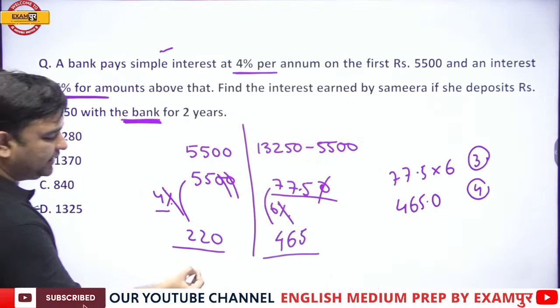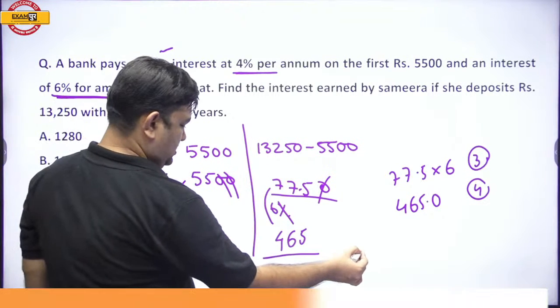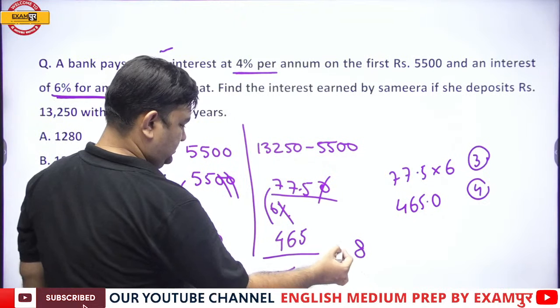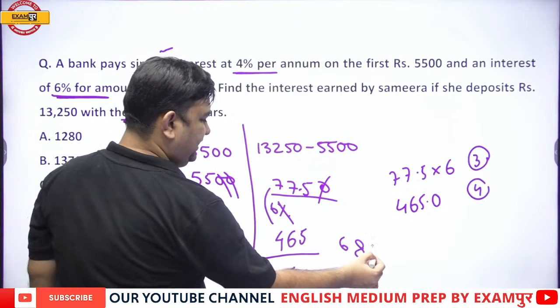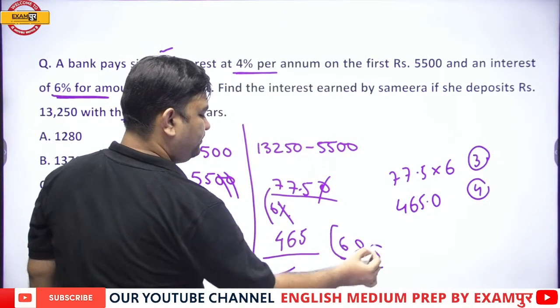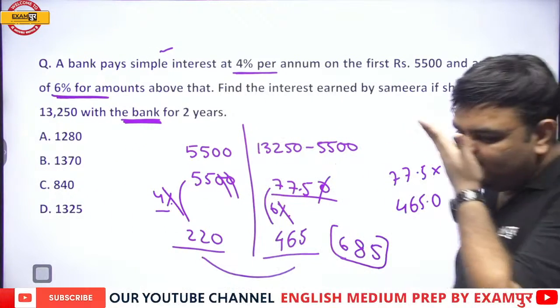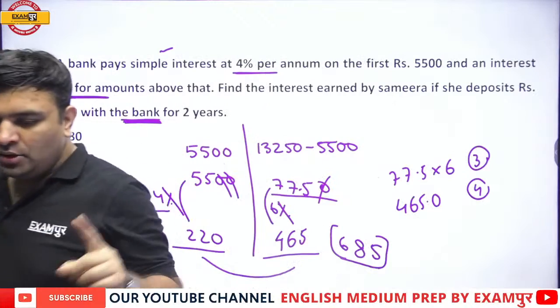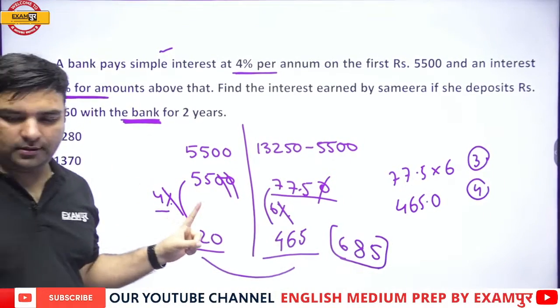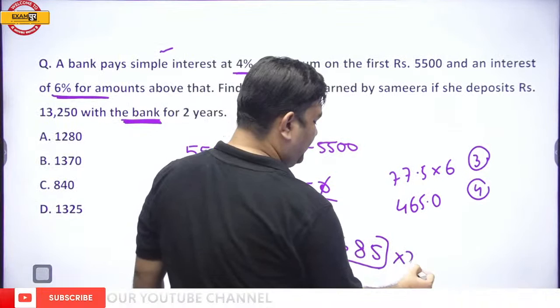So total interest from here is 685 for 1 year. If it is for 2 years, multiply it by 2.